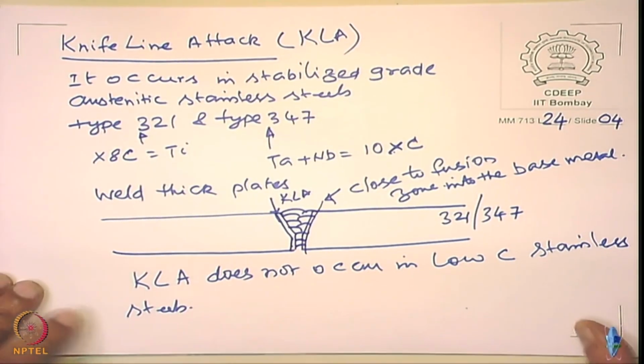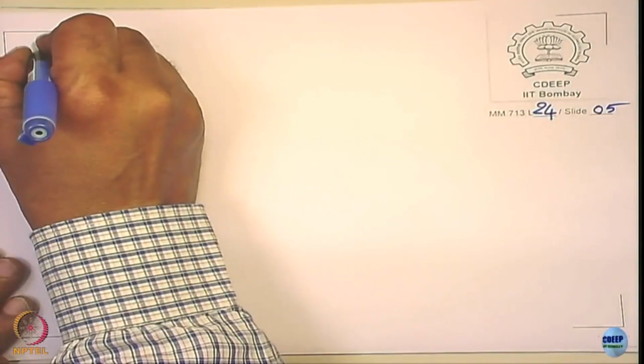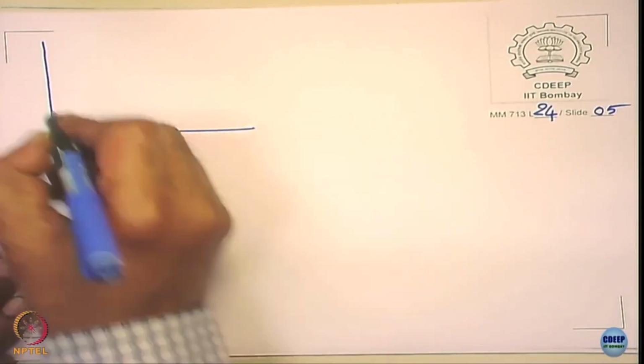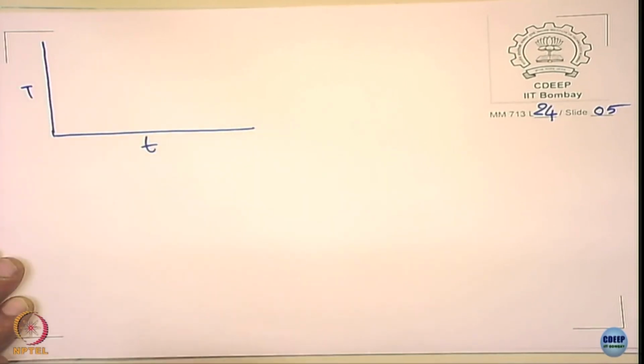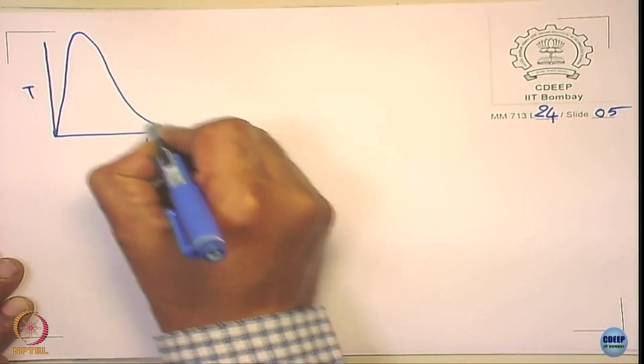Why does it happen? In order to understand this, you need to understand the thermal cycle, right? If you weld a single pass weld, what is the thermal cycle for that? Temperature, right? It goes up, it cools like that.